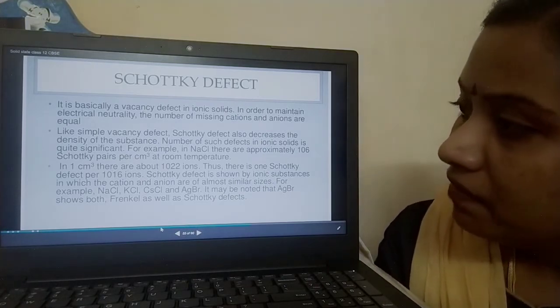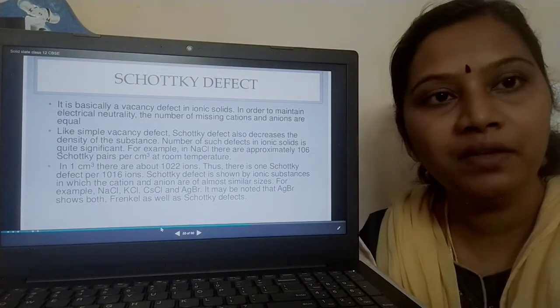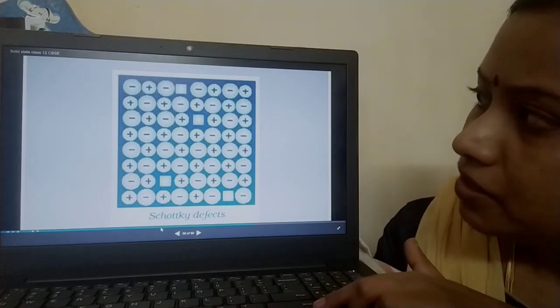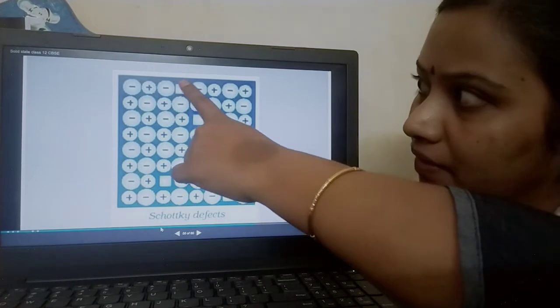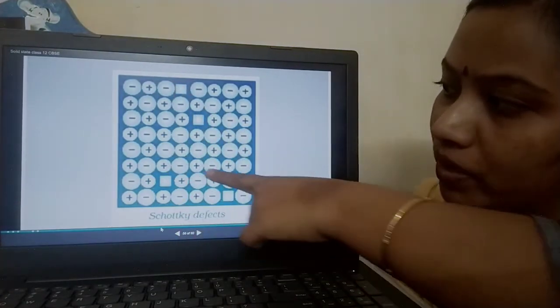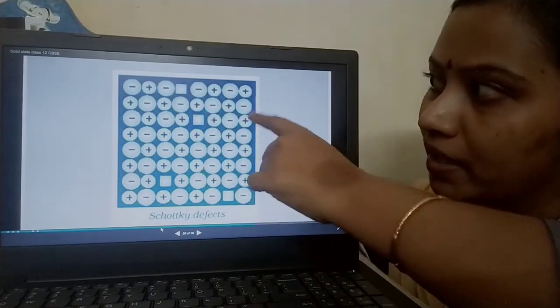Here silver bromide has a special characteristic. It is able to show both Frenkel defect and Schottky defect. This is your Schottky defect where there is a missing cation, but it has not moved. Unlike Frenkel defect, there is no dislocation of the atom to interstitial sites.